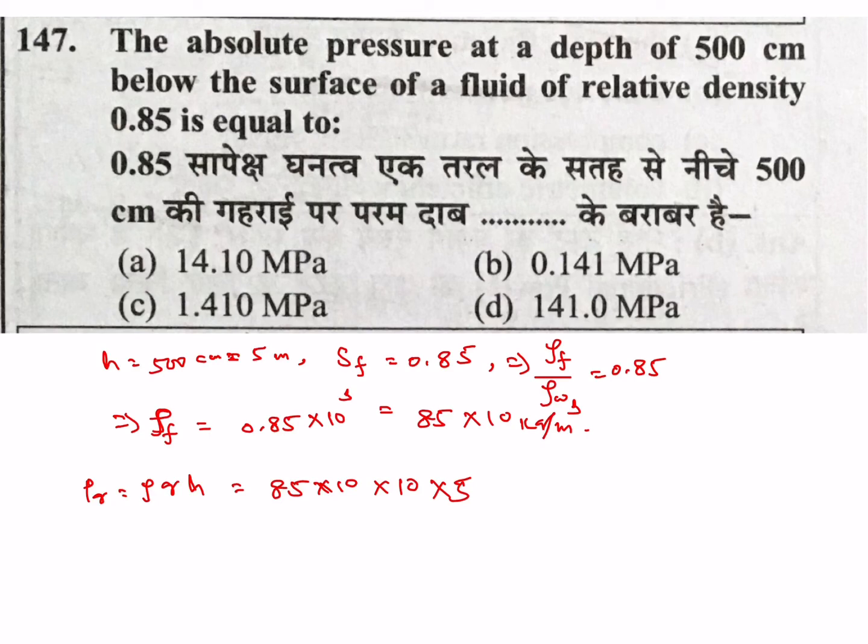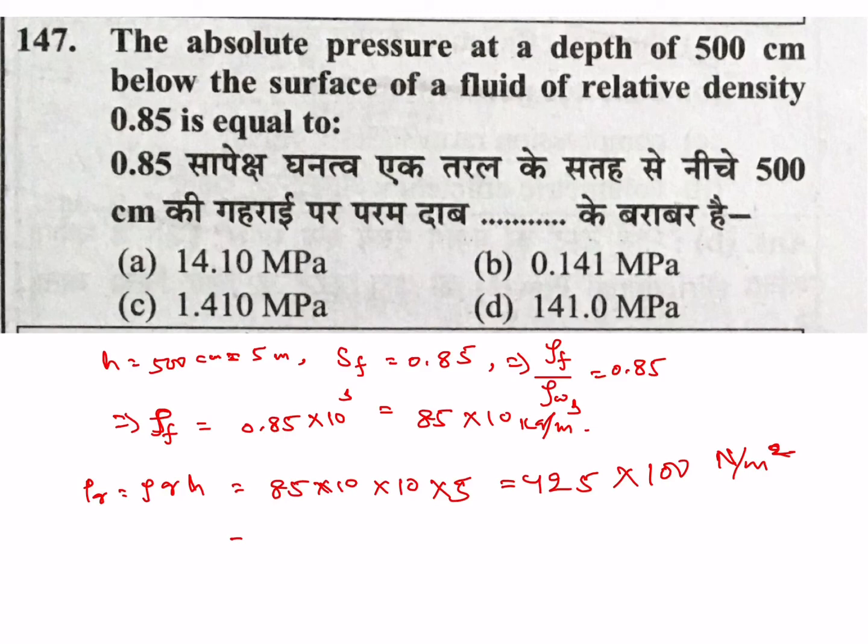How much will you get? 85 into 5, 425 into 100, Newton per meter square. All options are in megapascal.